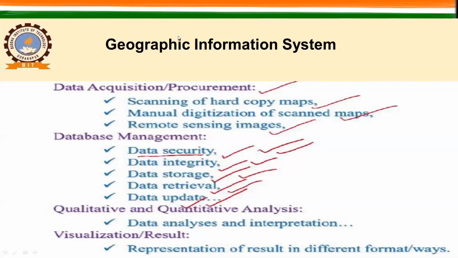Next is the qualitative and quantitative analysis. So data analysis and interpretation: whether you have provided any flexibility to analyze the information available in your database, and what methods you are using. And then the next point is visualization or result. How do you represent this result?